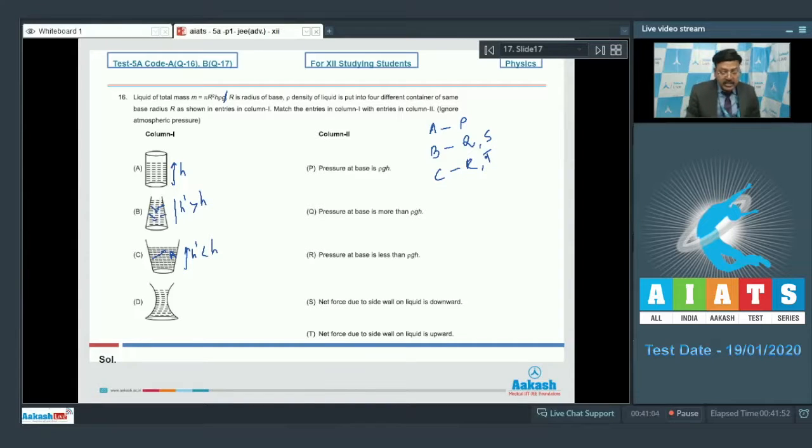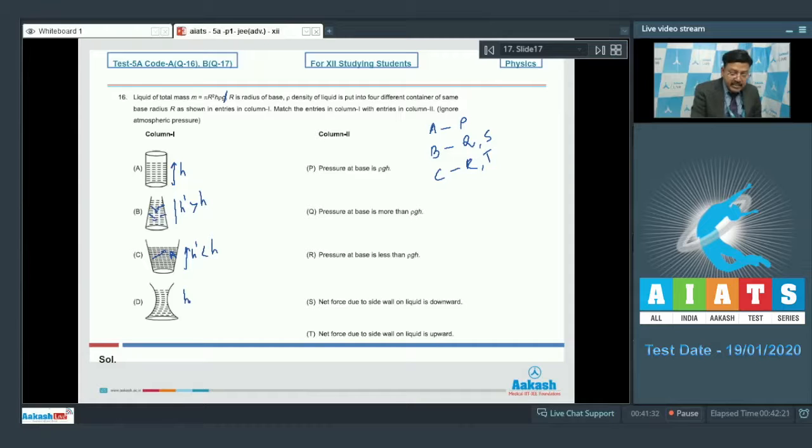Let's now look at D. So here radius is r and then it is going down to a minimum and then it's increasing. And well, if you assume that the situation is symmetric, then first of all, we can see that the average radius will be less than r.